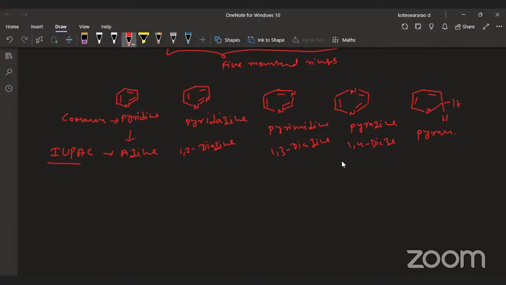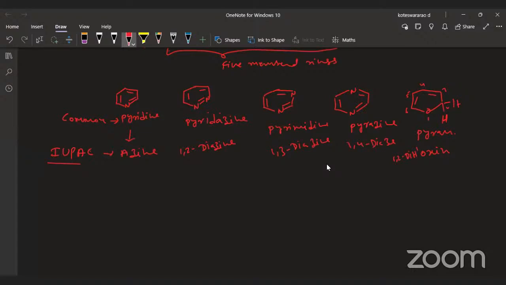When you come to the oxygen containing 6-membered ring, oxine. But we need to indicate the position of the unsaturated carbon, where two hydrogens are there when we are giving numbers 1, 2, 3, 4, 5, 6. That is 1,2 dihydroxine. Right? That is the difference between the common names and IUPAC.